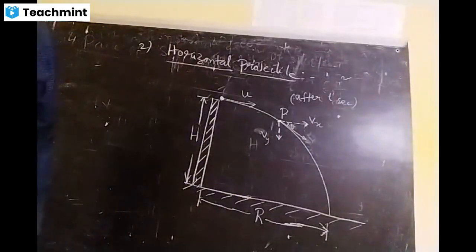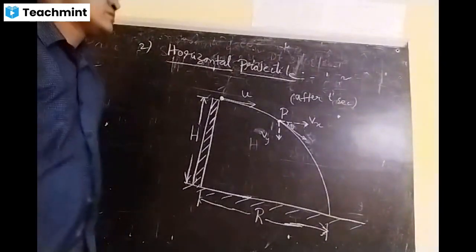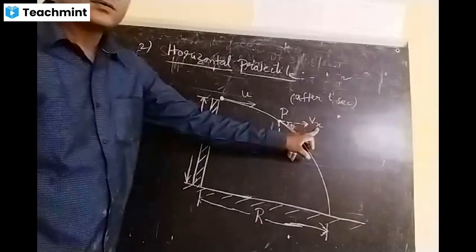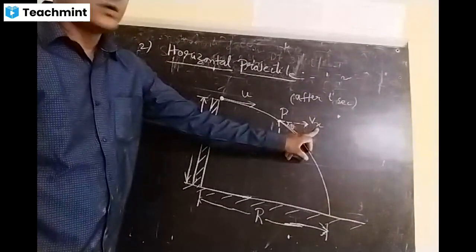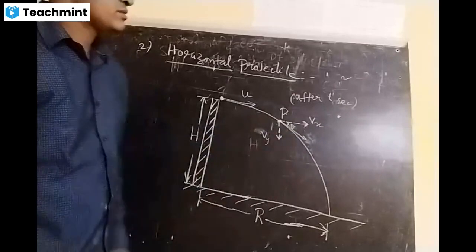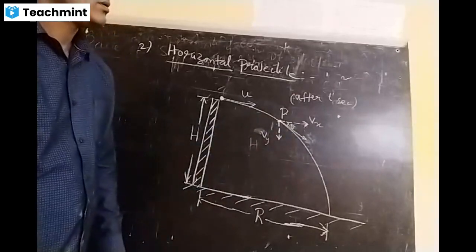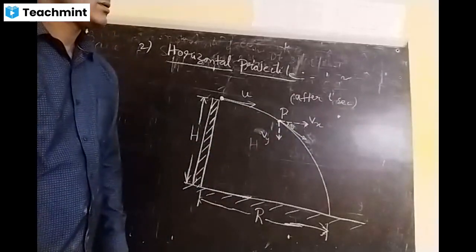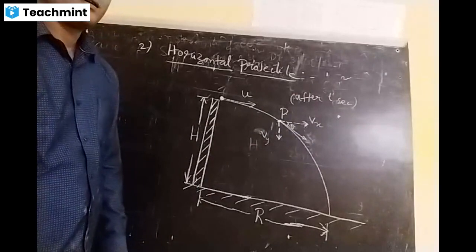Vx is how much? If Vx were 0, the body would have to stop right here. U cos theta, sir. Horizontally we can take acceleration as 0.